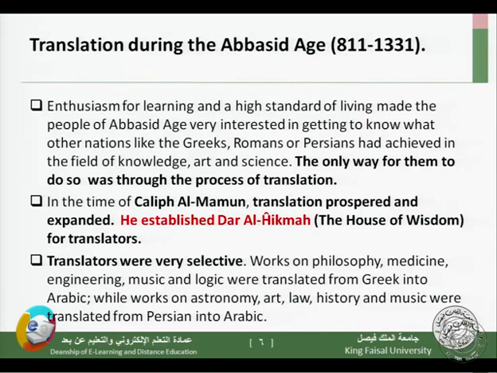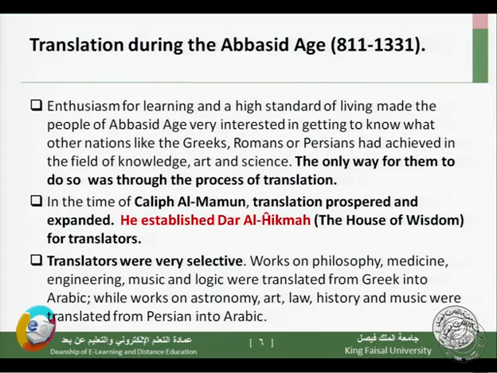So during the era of Khalifa al-Ma'mun, translation prospered and expanded and became very popular, to the extent that al-Ma'mun gave an order to establish Dar al-Hikmah, the house of wisdom for translators.